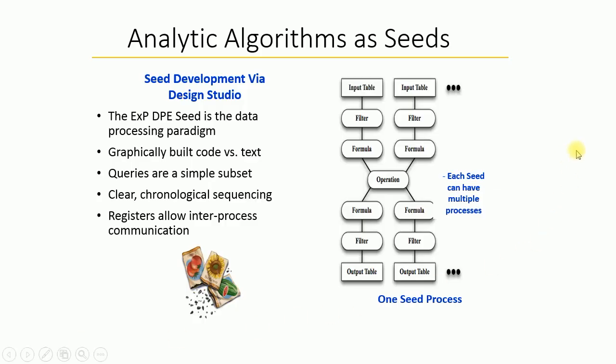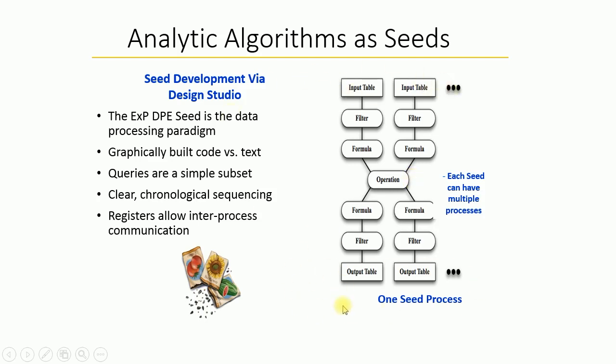Each process can have any number of input tables. Each input table can have its own filter. Every field coming in, every column coming in from the table, can have an input formula to modify the contents. Then there are a number of database operations that can be performed on the input tables.